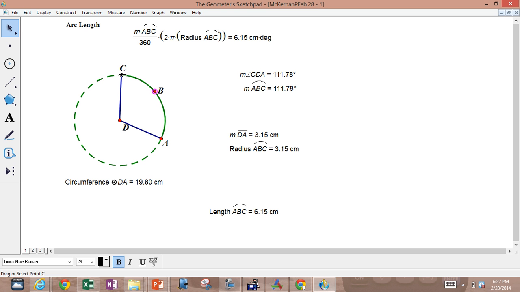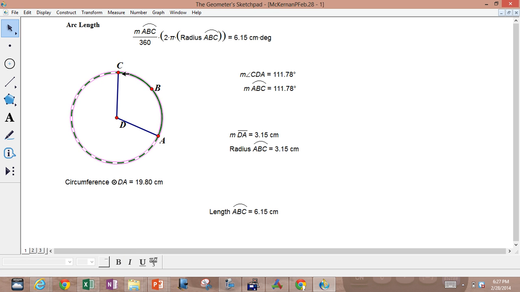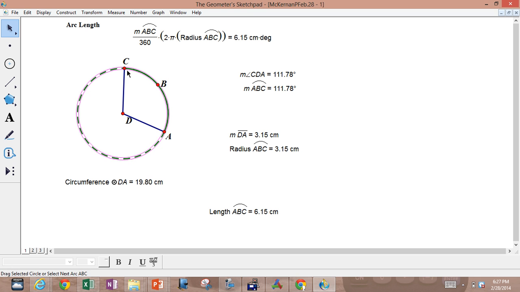The fraction is determined by the angle ADC, the central angle, which is also the measure of the arc. So here's your formula: the measure of the angle or the measure of the arc divided by 360 times the formula for the circumference will give you the arc length.